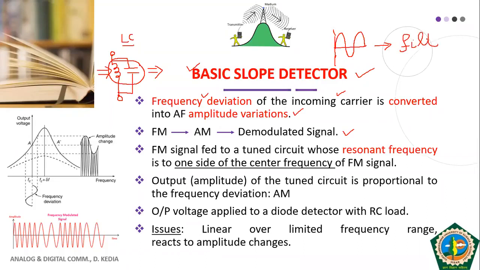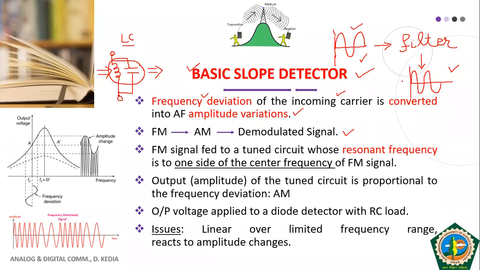If this incoming signal frequency lies in the pass band, and say is exactly equal to the resonant frequency, then this filter will pass this frequency as it is, meaning the same frequency and the same amplitude. This is the output of the filter if the input signal frequency lies in the pass band. And in fact, I'll go one more step ahead: this frequency is the resonant frequency of the filter.